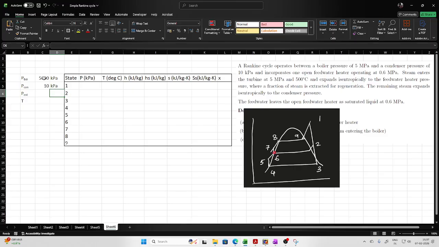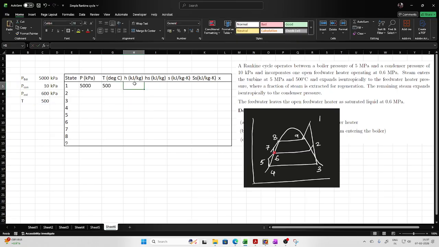The feed water heater extraction is at 0.6, so this extraction pressure is going to be 0.6 into 1000, that is 600 kilopascal, and the turbine inlet temperature is given to us as 500 degrees Celsius. So now at point 1 the pressure is going to be 5000, the temperature is going to be 500.